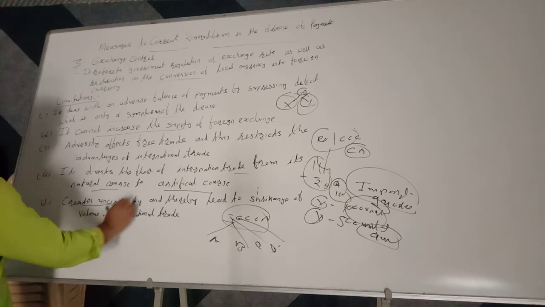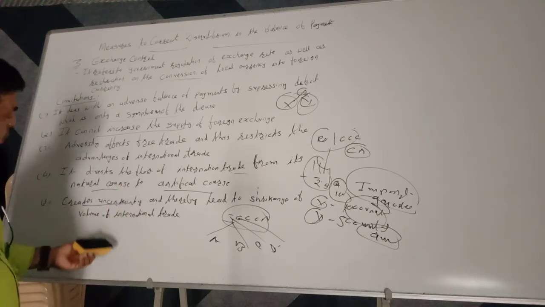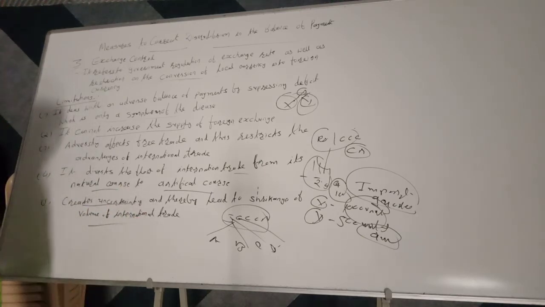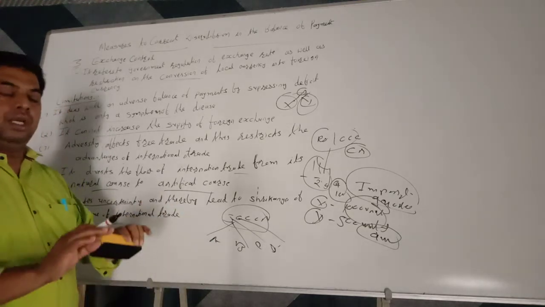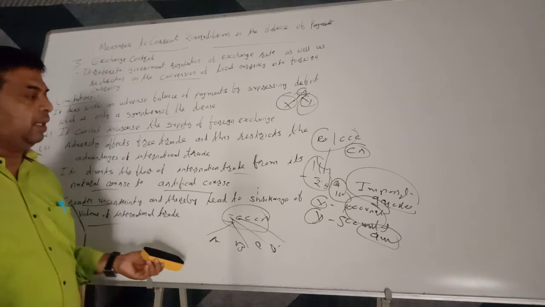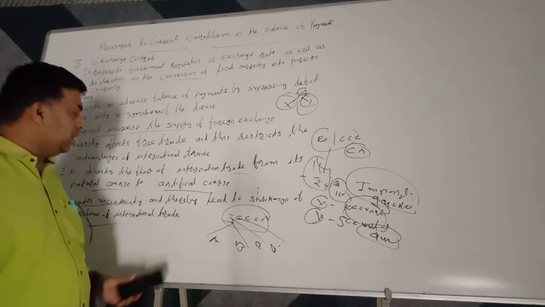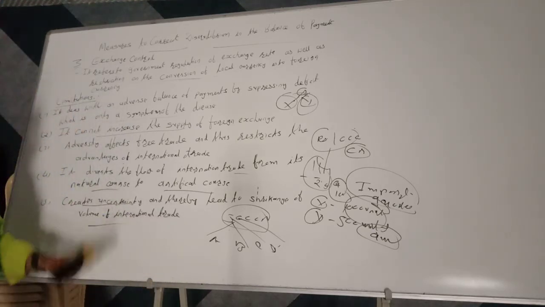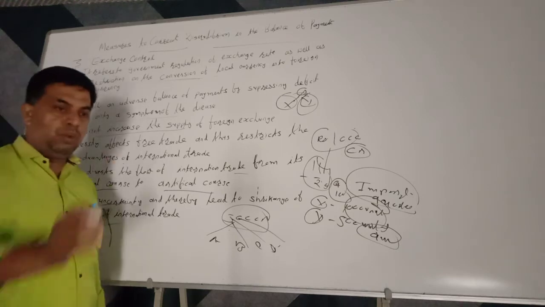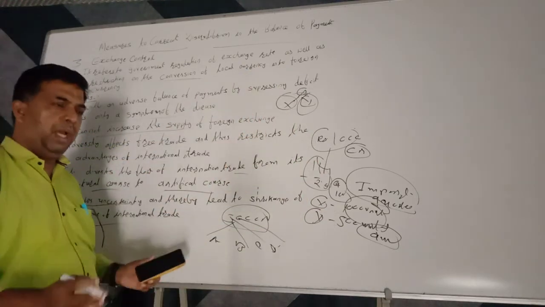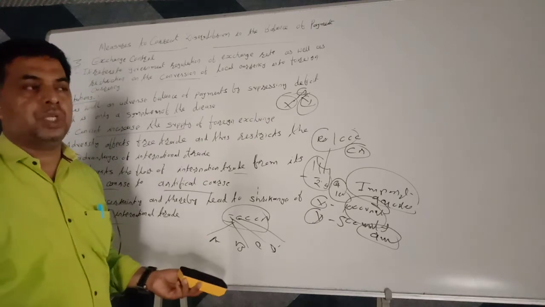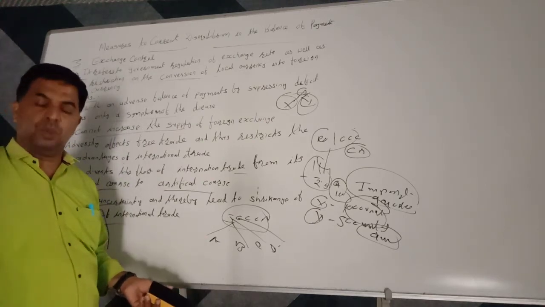Next, it creates uncertainty and thereby leads to shrinkage of volume of international trade. Obviously, जितना restriction होगा उतना it will create uncertainty in the international trade, and obviously it will shrink the volume of international trade. When you restrict your country by adopting exchange control method, other countries will also do.